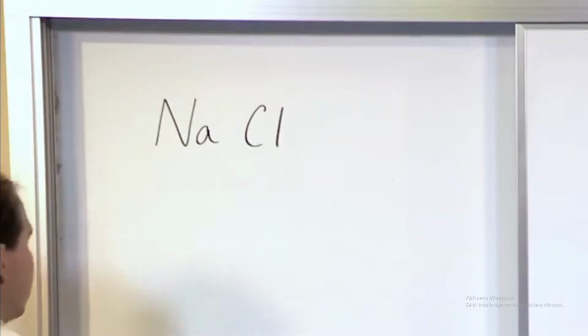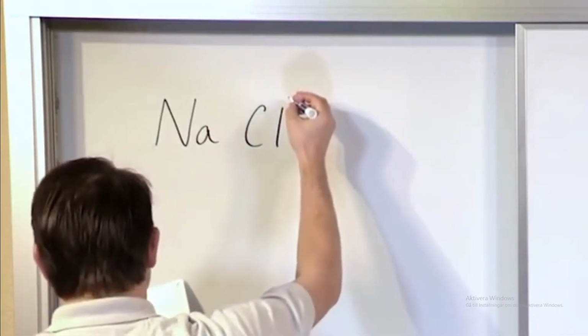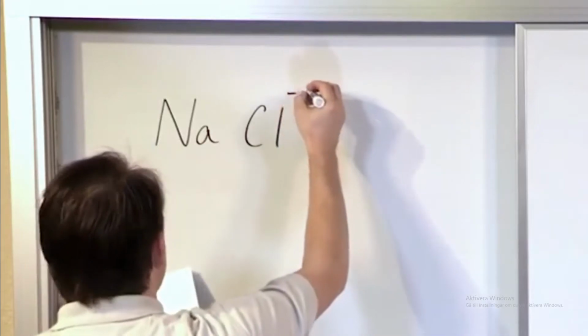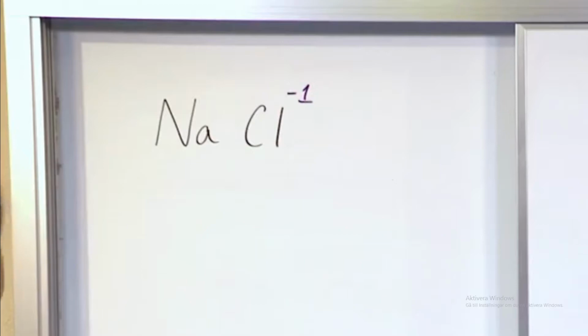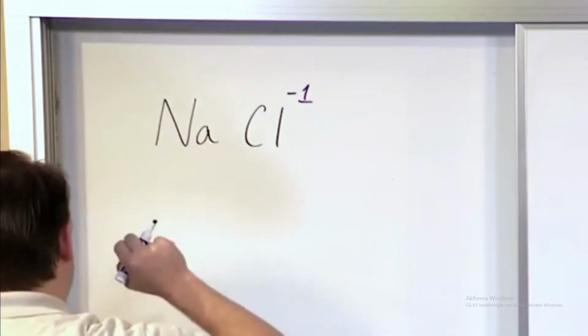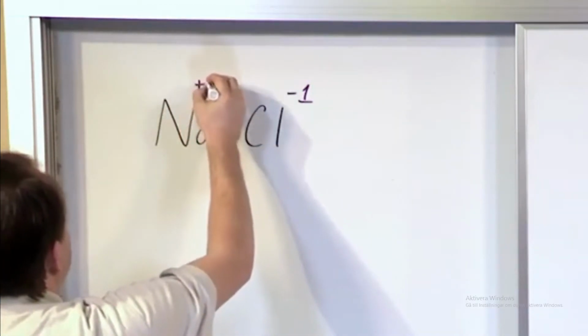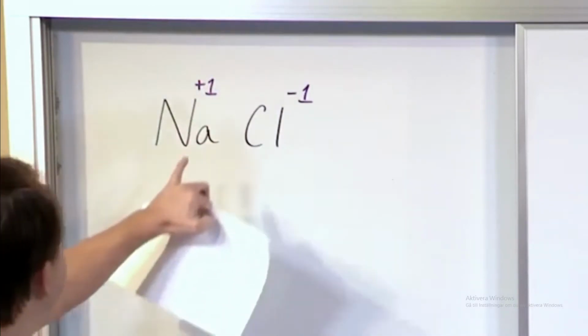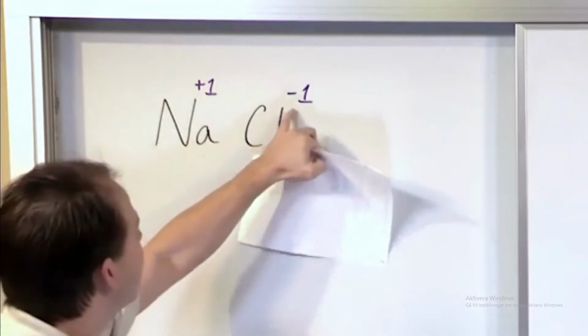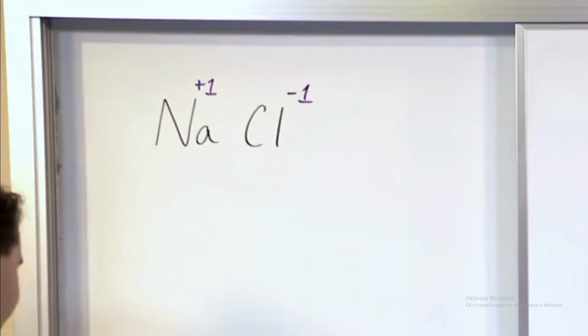So chlorine always wants to have a charge of -1, if possible. And sodium always wants to have a charge of +1, if possible. So these, +1 for sodium and -1 for chlorine, we call these oxidation numbers.